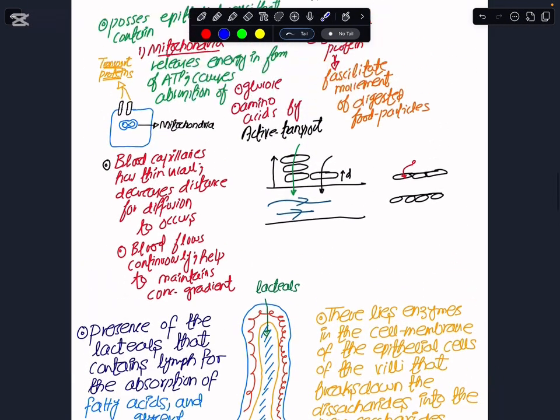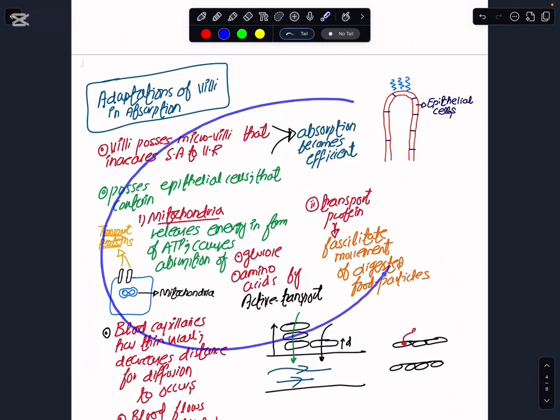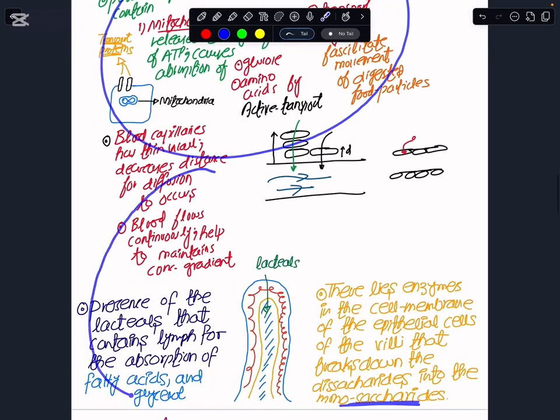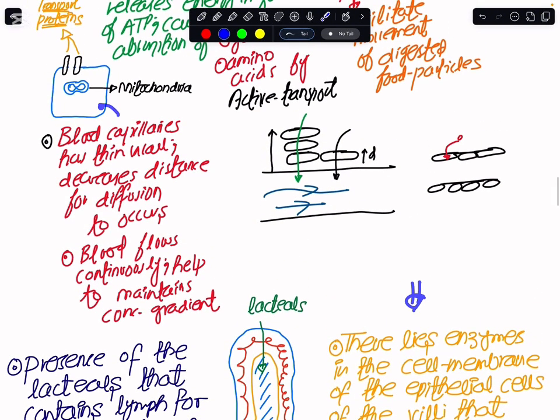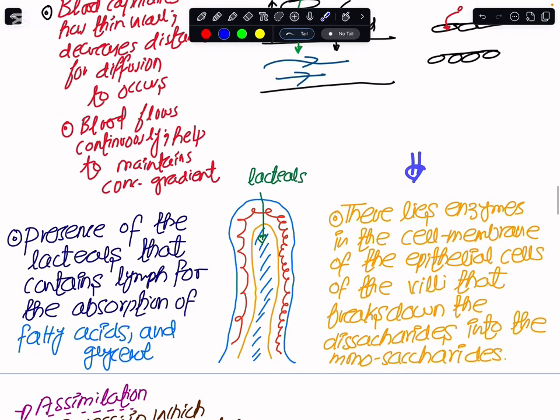So in terms of absorption, you have to remember these points. But if you have to tell your examiner what role these villi have in digestion, you would say that these epithelial cells have enzymes in their cell membrane that break down the disaccharides. So here we are done with the absorption topic. I hope you are clear with this.